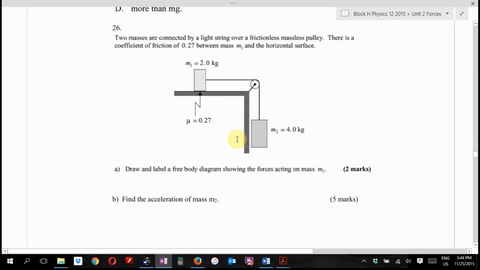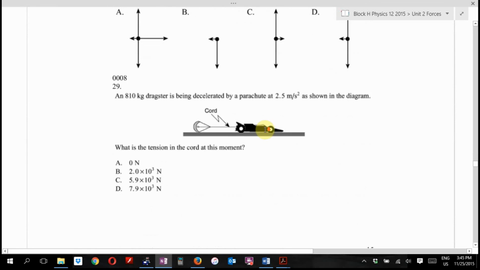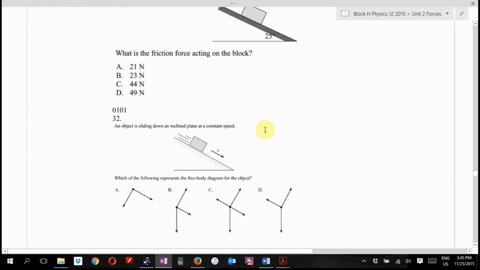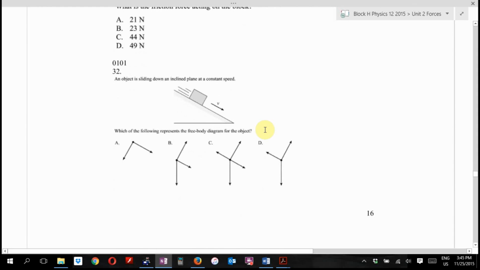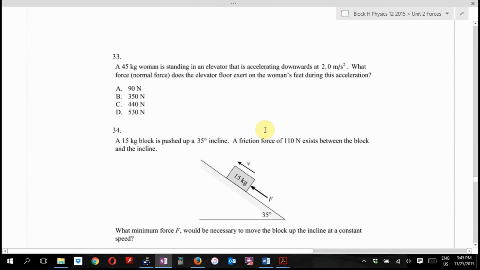I think that's more realistic: 2 masses, a pulley, but also friction. That makes it more physics 12-ish. Number 32, drawing a free body diagram for something on an incline, sliding at a constant speed, is good. Thirty-three, elevator question, absolutely.